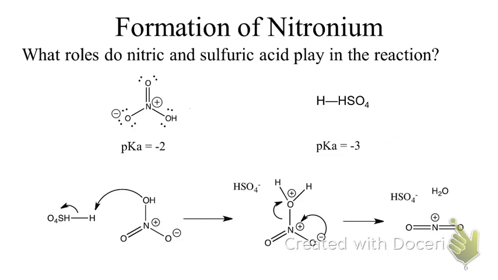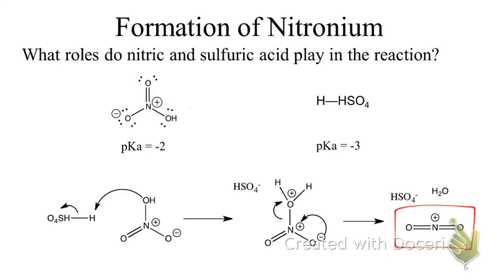If we take an acid and we add it to an acid, typically what do we say occurs? Nothing. If that was the case, we never form our electrophile, which is the nitronium ion. Interesting. So when we take these 2 acids, we don't get nothing. Something actually occurs.